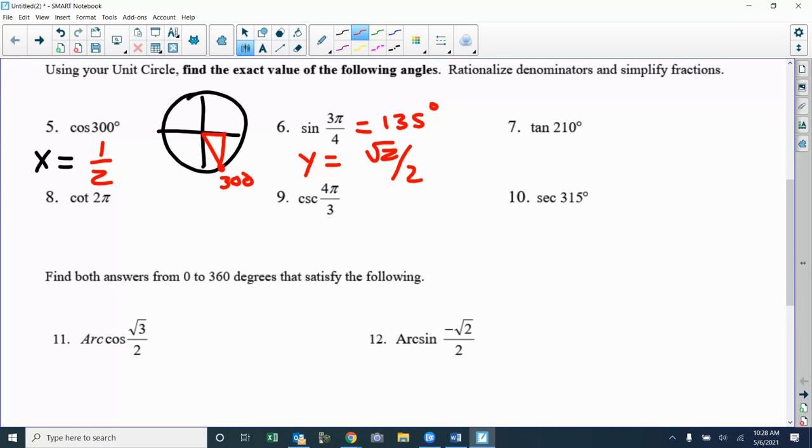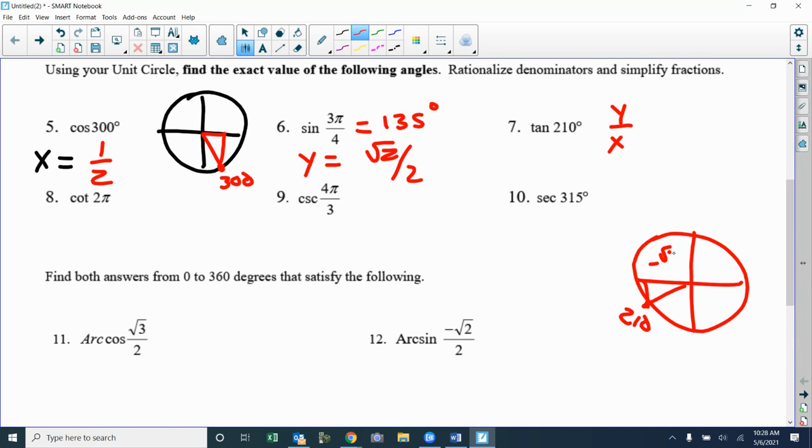Tangent. Tangerine oranges. Tangent is y over x. So you better figure out what your x value and y value are at 210. 210 puts us right down here. Okay? So your x is negative square root of 3 over 2, and your y is negative half.